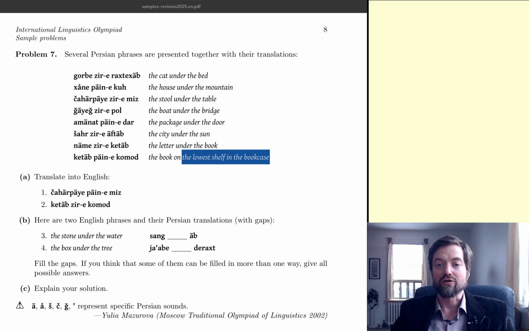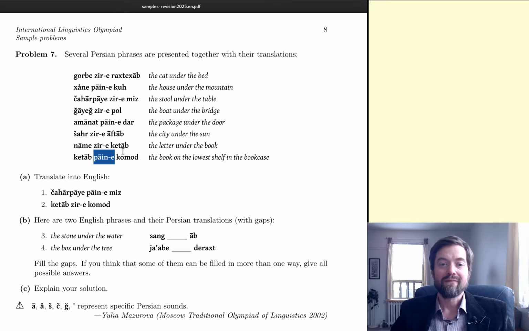And this thing, the lowest shelf in the bookcase, it seems like that's just one piece. Because if this is book on something, unless the lowest shelf is somehow included here in this mystery word, it seems like this word is something like under, because you'd see it here under the door. It's not the lowest shelf of the door, the lowest shelf of the mountain. No, this is under. It's just a different word that is also translated as under. So if this is book under, the commode is going to be the lowest shelf in the bookcase.